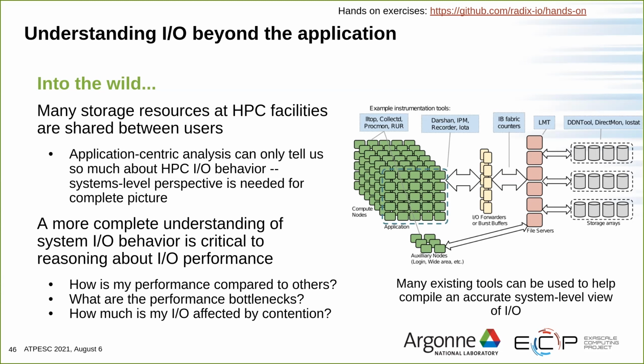So it tells you about all of the libraries and whatnot that the application is using, but it ignores broader system-wide information, which is important because HPC facilities are shared between users. So it's not just your application that's accessing different storage resources. A system-level perspective is really useful for contextualizing your application I/O performance.